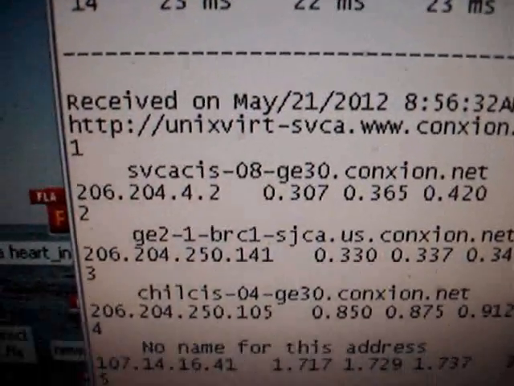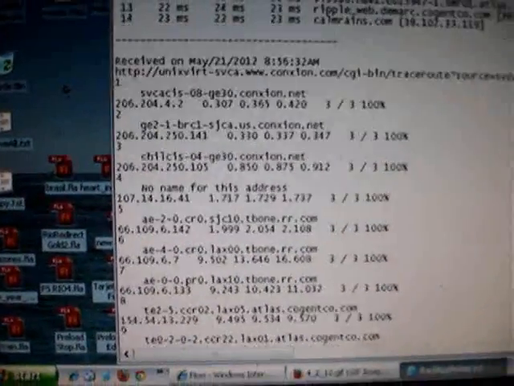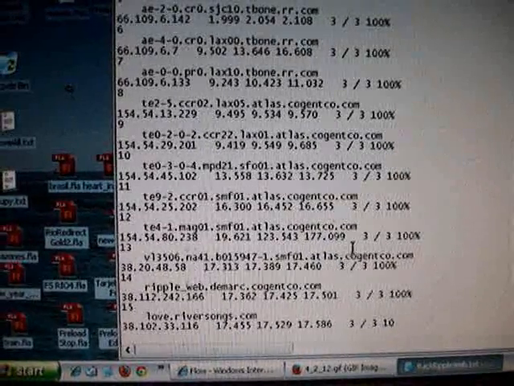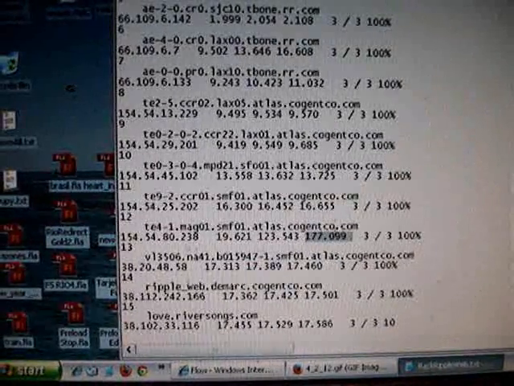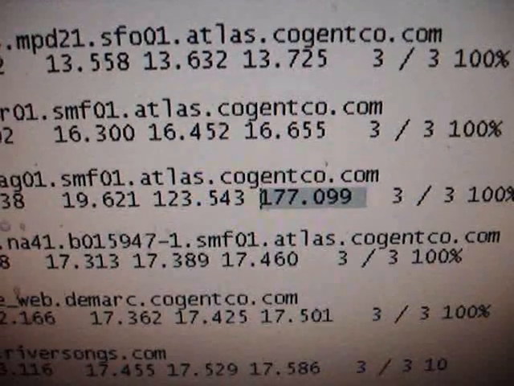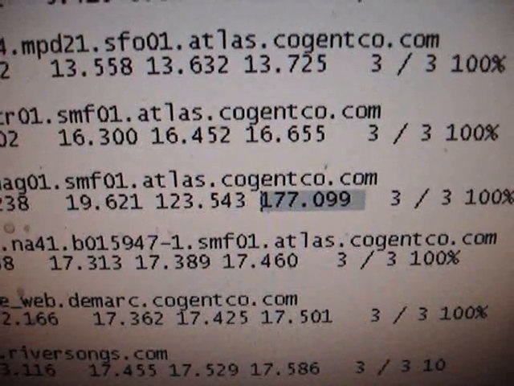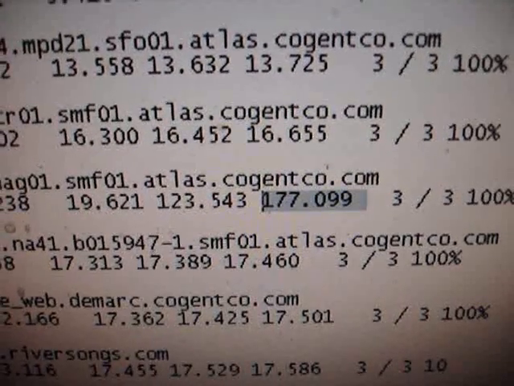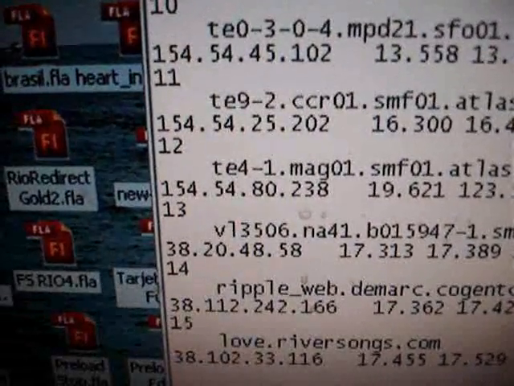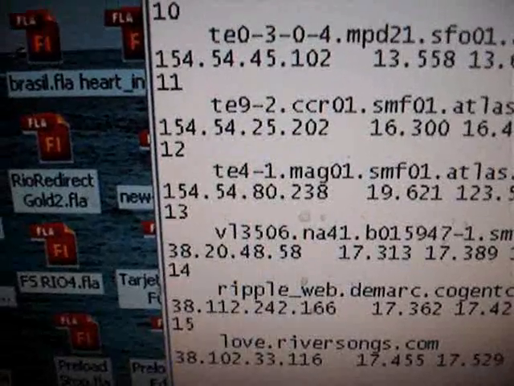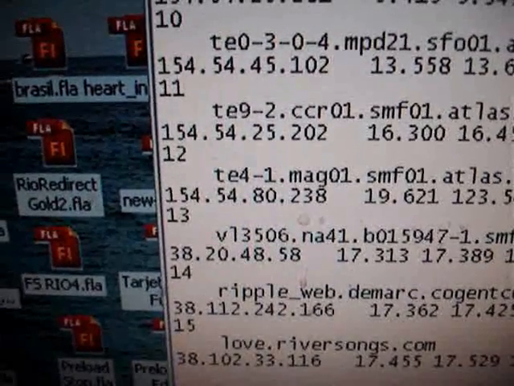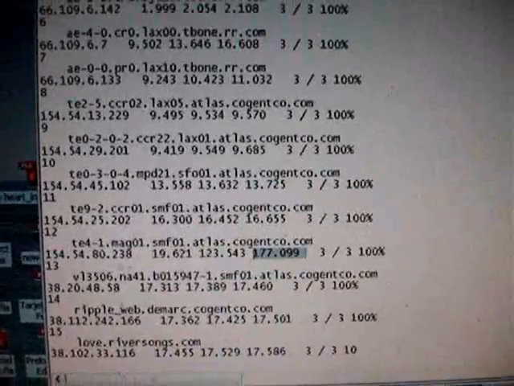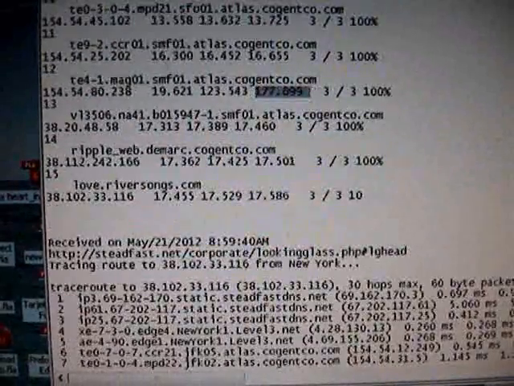Okay, and this trace route from coaxium.com, you can see the spot here. Hopefully I can get it. There we go. See that? 177. Hop 13 looks like there. From coaxium.com. Now all the other ones are fine.